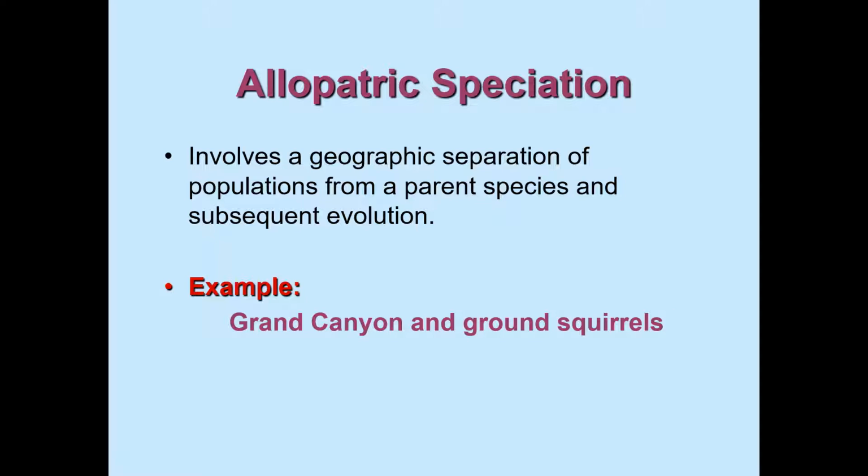Now, allopatric, that deals with geographic separation of populations from a parent species and evolution that comes later. Okay, for instance, ground squirrels in the Grand Canyon, there were two species of squirrels that live on either side of the Grand Canyon, and they evolved from one species, but because they were separated, they eventually speciated themselves and became two new species.